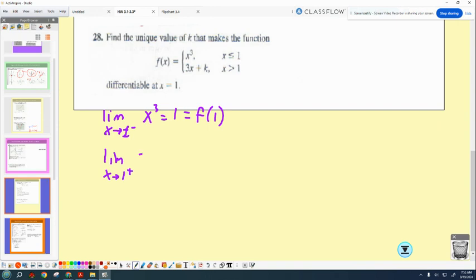The limit from the right is 3x plus k. So it'd be continuous. Looks like K has to be -2.